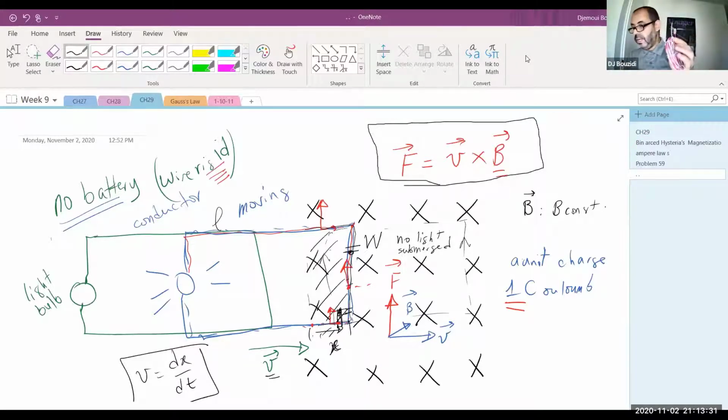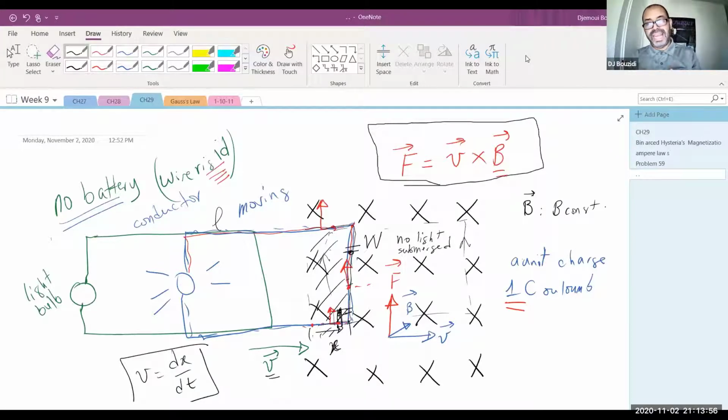So if you take this wire and you run it across magnets, I have a bunch of magnets in here, okay? There should be a current as long as it's moving. As long as either the magnetic field is moving, in this example the magnetic field is not moving, or actually the wire itself is moving, like in the picture I drew in here.